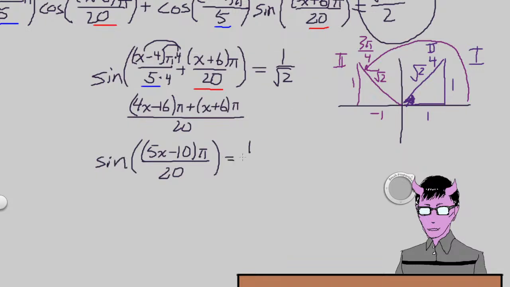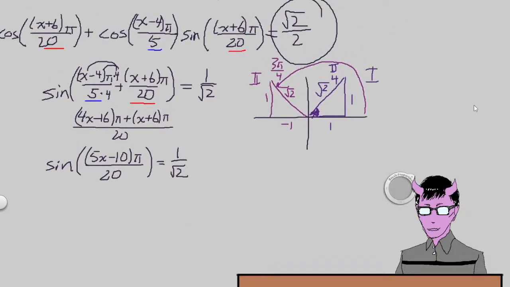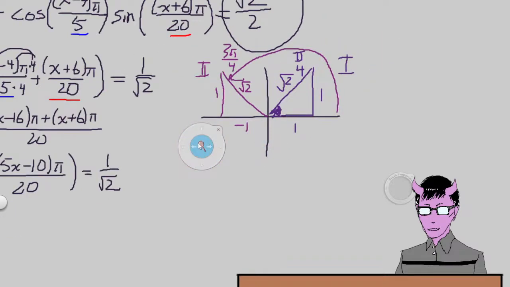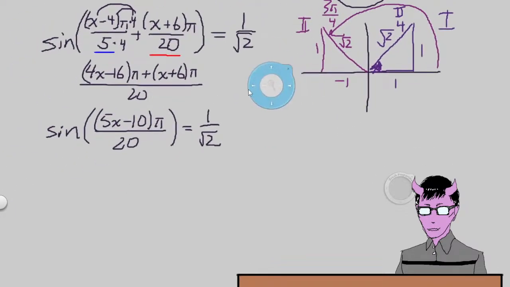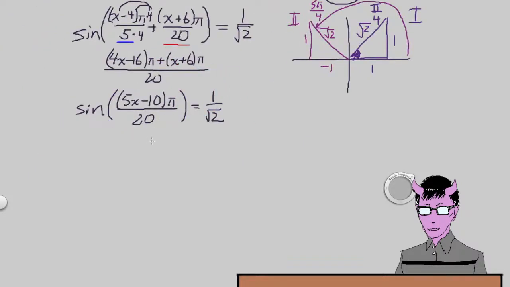Copy paste. So what are we doing at this point? We have two scenarios again. So for quadrant number 1, we're just going to have the reference angle pi over 4. So let's take the argument and set it equal to pi over 4.